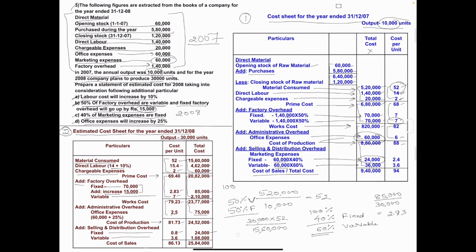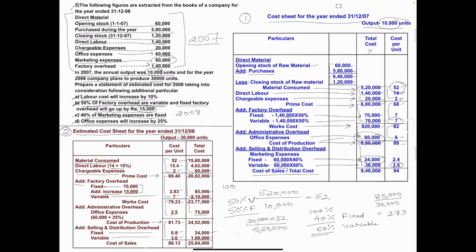For variable, we have to refer to the cost per unit column of the 2007 cost sheet. Variable is 3.6. See the cost sheet of 2007, 3.6. So write in the estimated cost sheet 3.6. For total, 3.6 into 30,000, you will get 1,08,000.